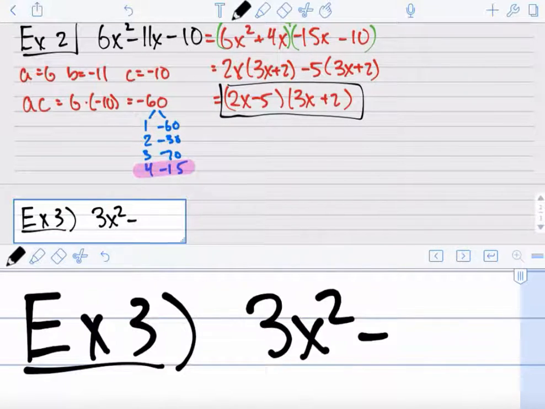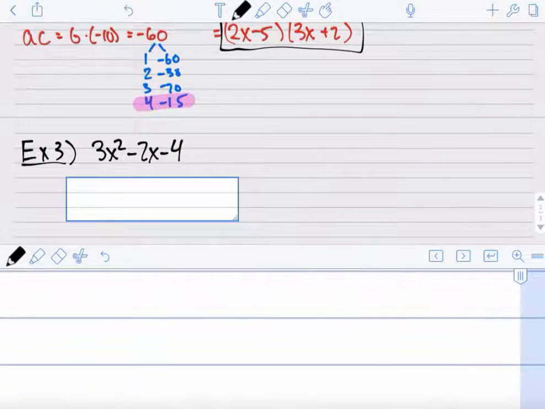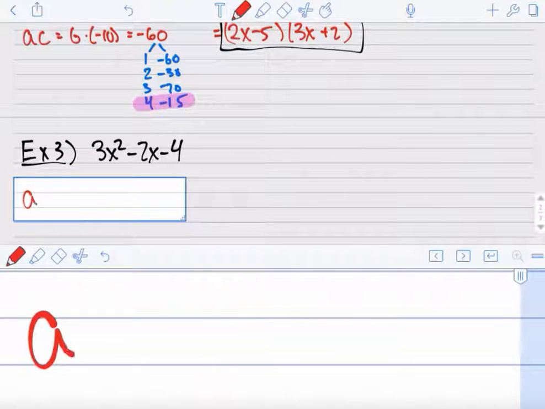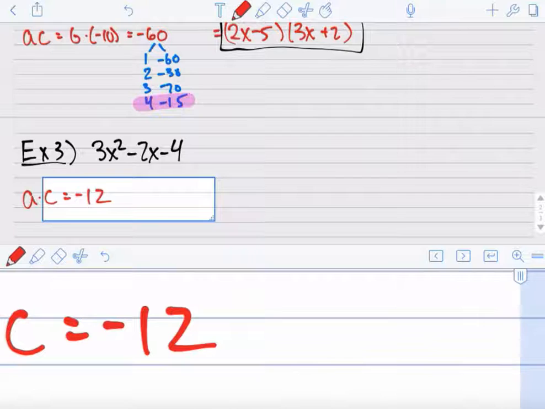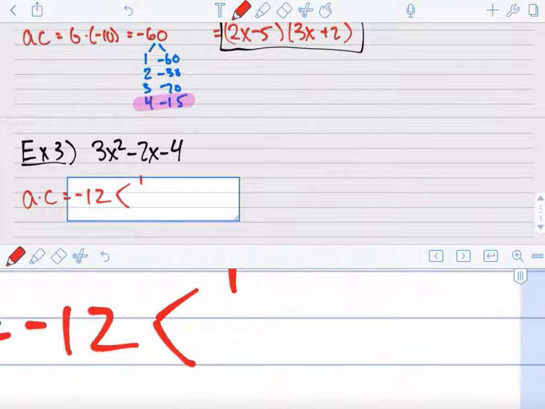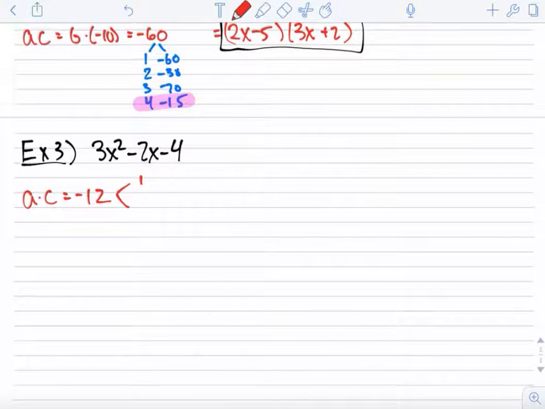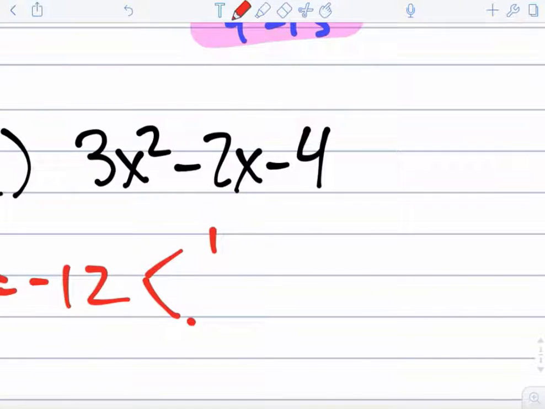3x squared minus 2x minus 4. Okay, so AC is equal to negative 12. Looking for factors of negative 12 that give me a negative 2. 1 and 12. Negative 12. 2 and negative 6. 3 and negative 4.